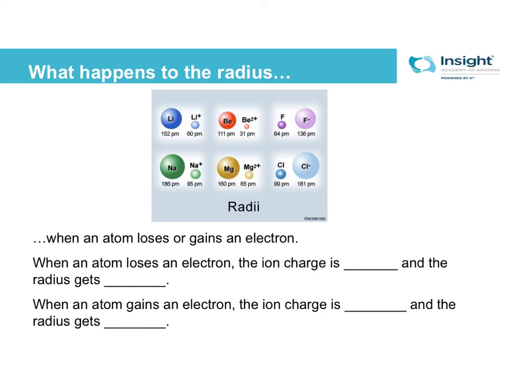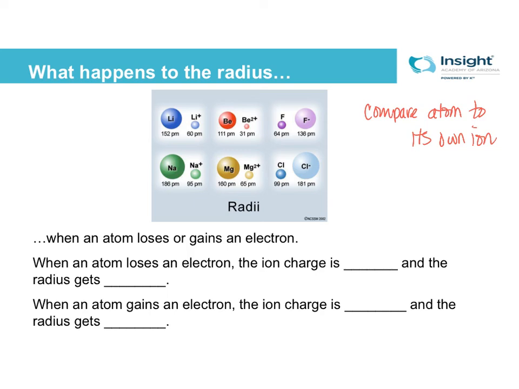All right, so last thing you want to know in relation to these different trends is what goes on when you actually do form ions. The radius will change, and this is when you are comparing an atom to its own ion. For example, when an atom loses an electron, it gives away some of its negative charge.